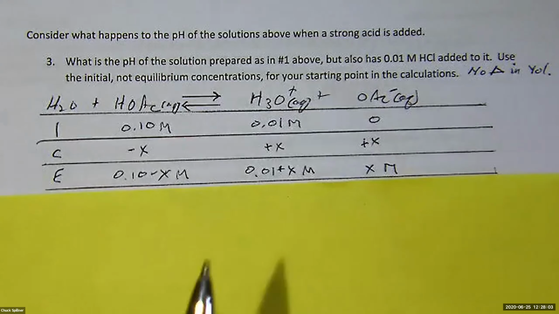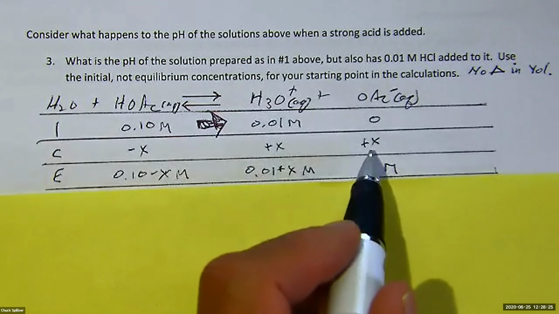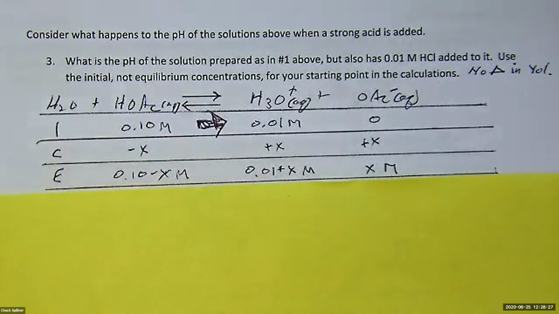So the equilibrium is going to go this way, with a big arrow that way. So we subtract an incremental amount of acetic acid. It's going to produce a little bit of acid, and it's going to produce a little bit of acetate ion.